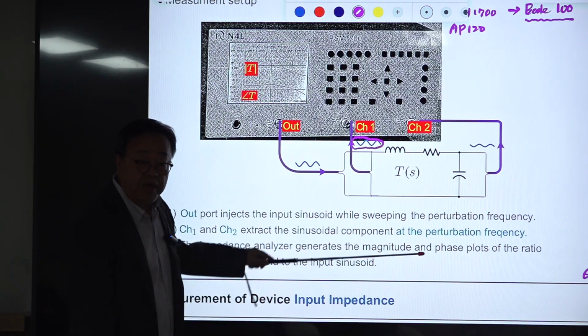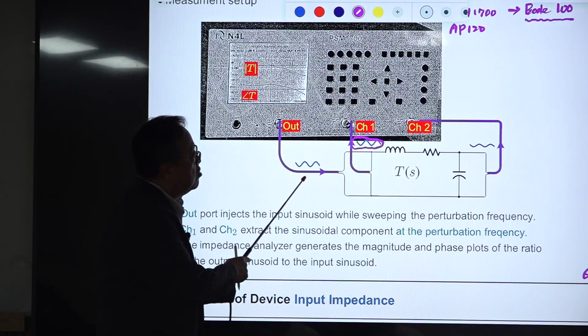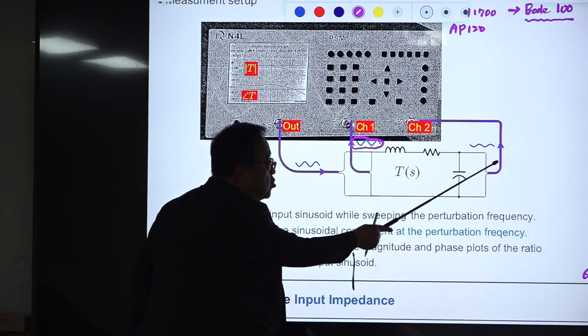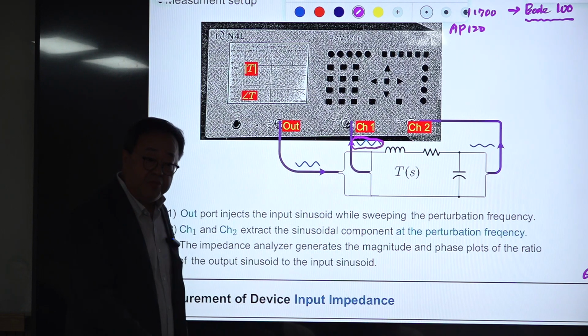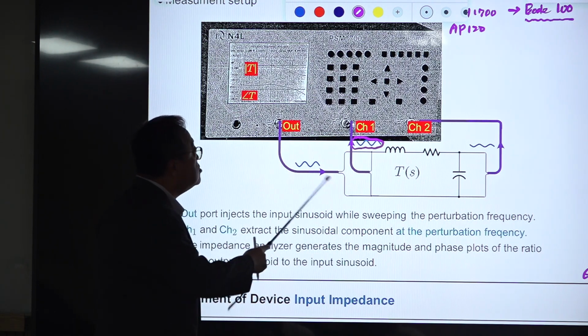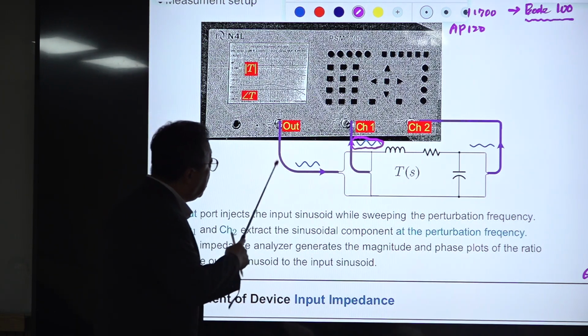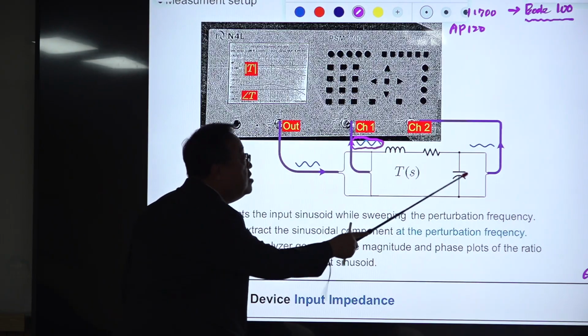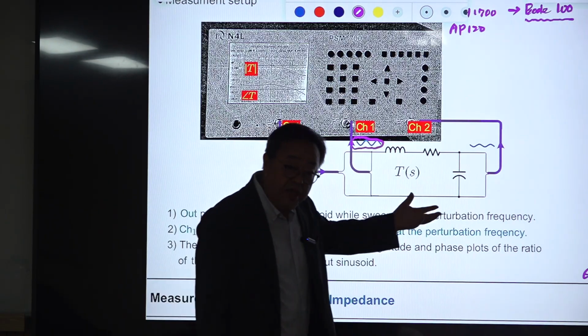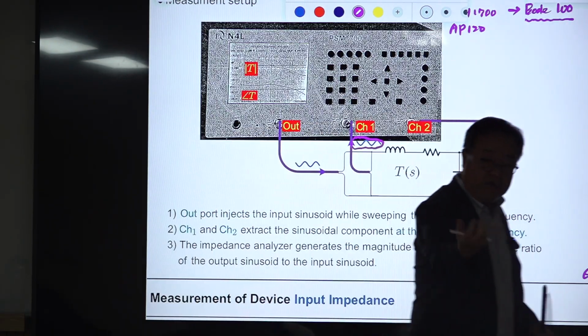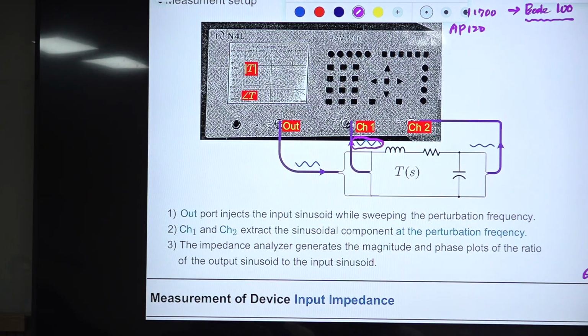This is important. Here the input is a sinusoidal waveform and the output is a sinusoidal waveform, but it really doesn't matter. It may be some strange waveform. You put a sine wave in, and this will change the output in a strange way. But this device extracts the sinusoidal component from the output.